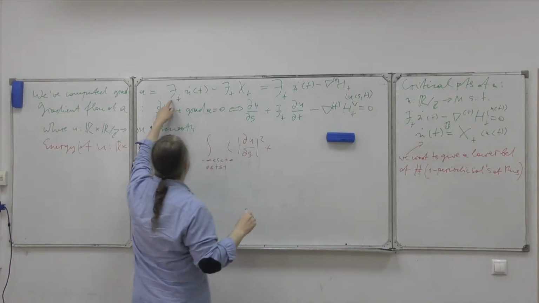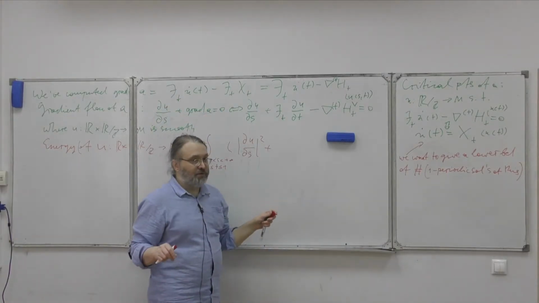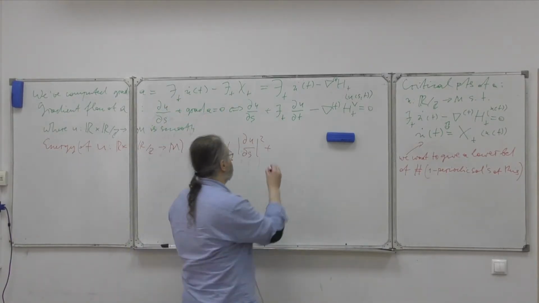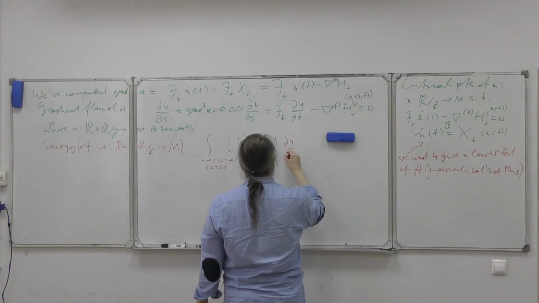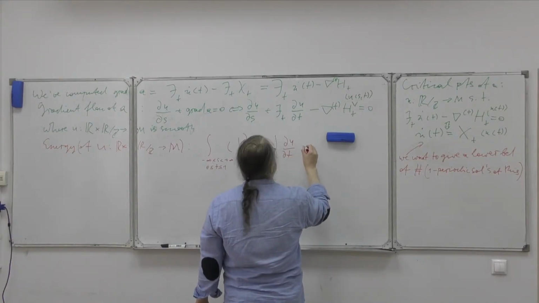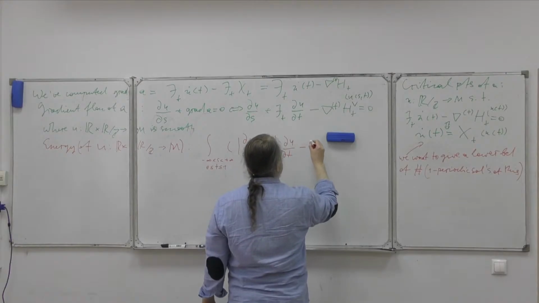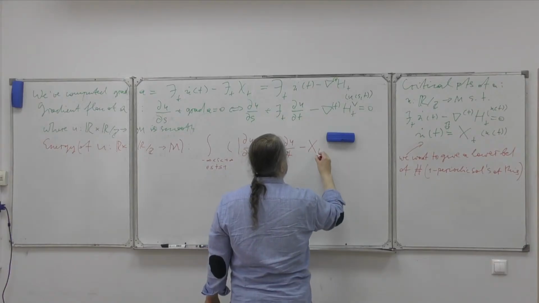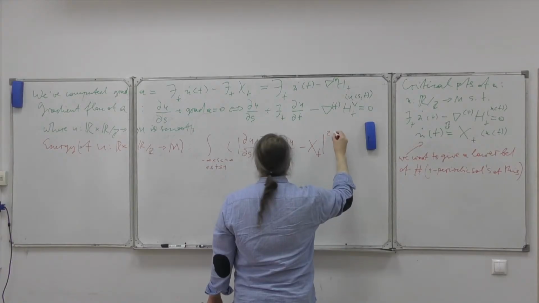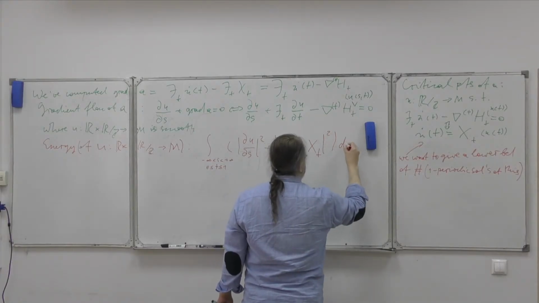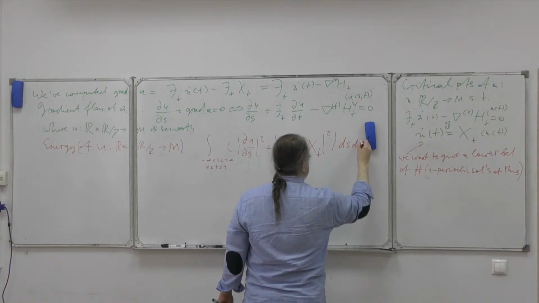Well, since I have J_t here, I forget the modulus. I just write du by ds minus or plus, which one is it? Minus, I think, X_t, squared, ds dt.